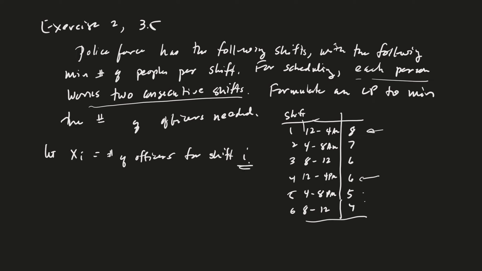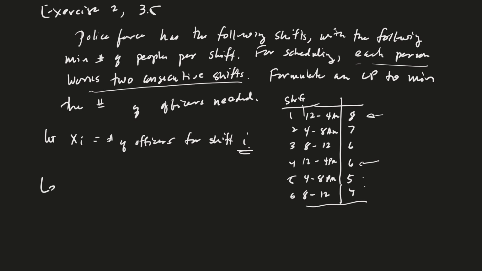That's the big problem. And so, how about instead of doing that, there's actually 2 ways you could do this. One way is to let xij be the number of officers working shifts i and j.